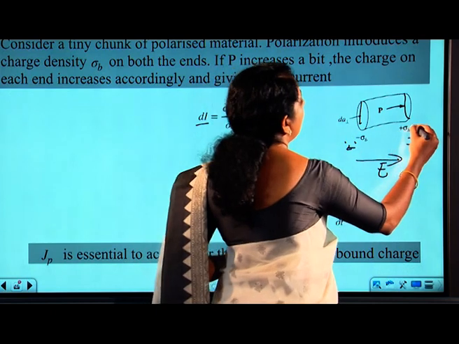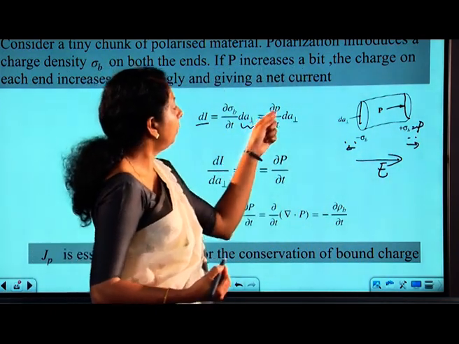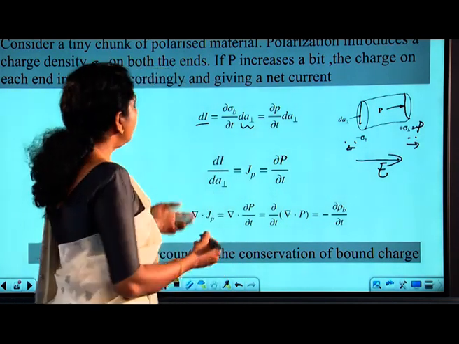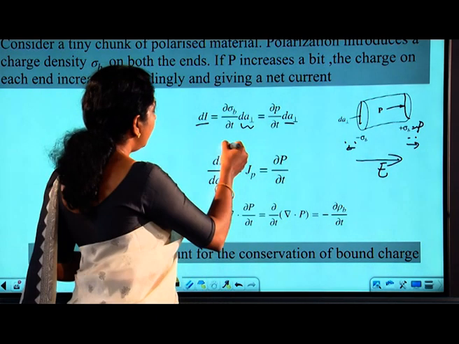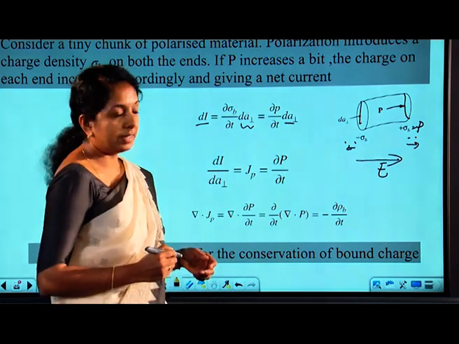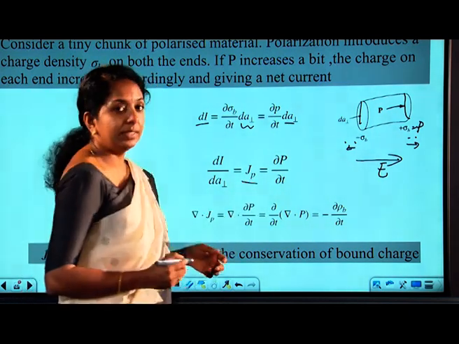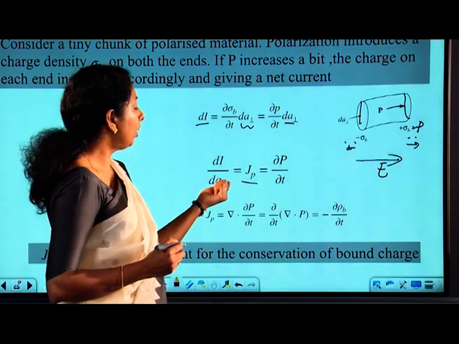Here we are taking sigma b equal to P. So, we are replacing sigma b by P, that is del P by del t times dA perpendicular. Then, taking this dA perpendicular to the left side, dI by dA perpendicular is equal to J_p, because we have already defined J as the current per unit area perpendicular to the cross section.